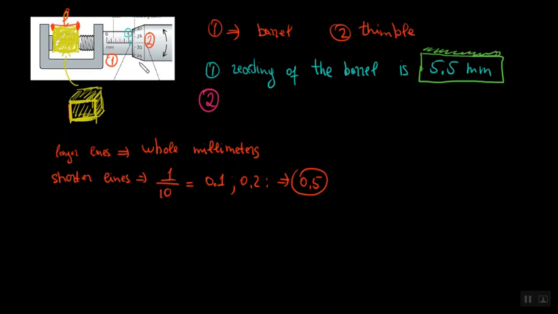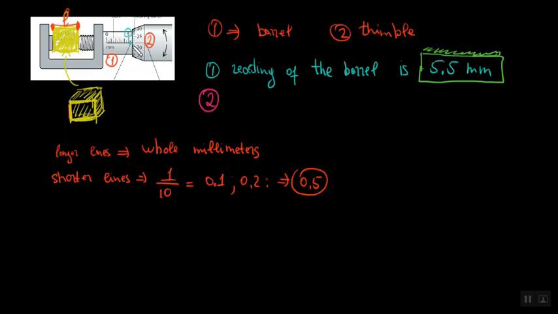The thimble is going to show the hundredths of the millimeter scale. But how will I determine it? You see, it starts with 25 and it finishes with 40. Between each of these numbers, there are 5 small lines between these longer lines.